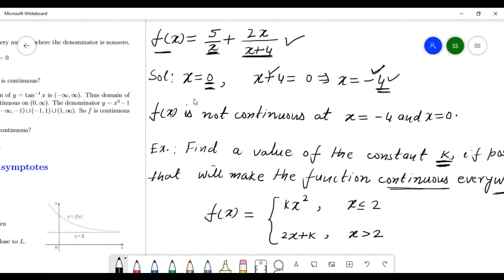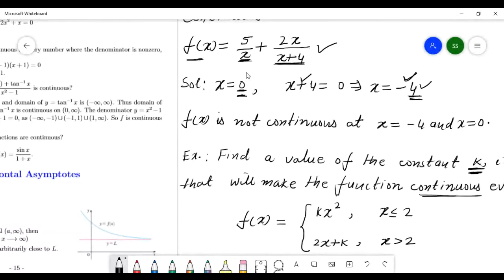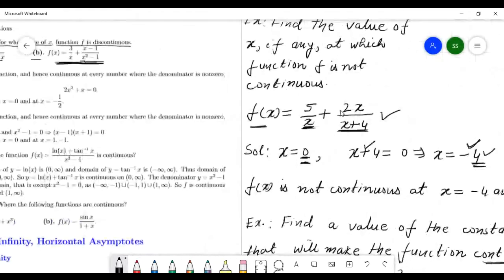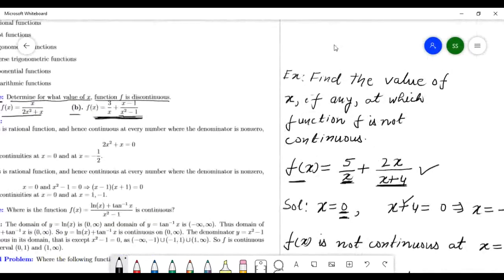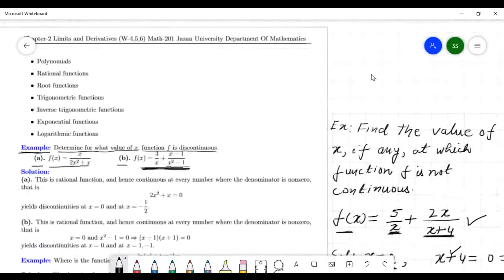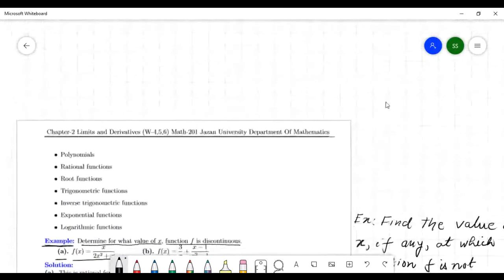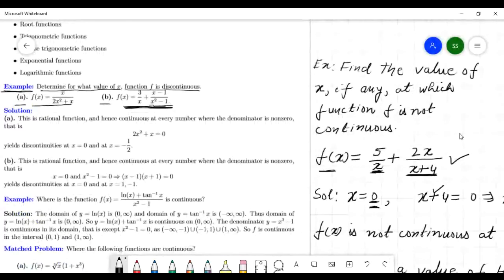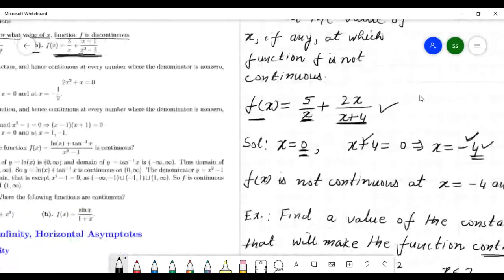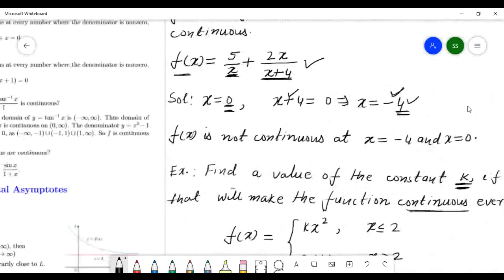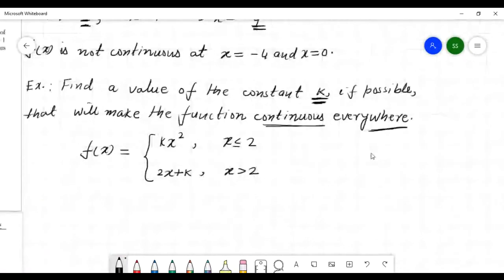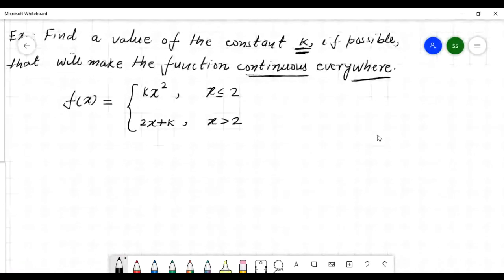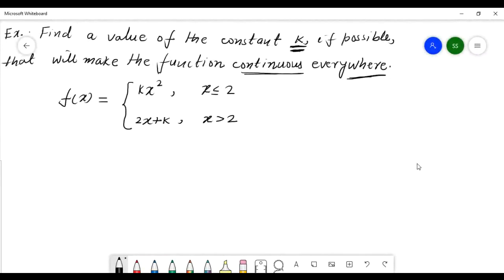Okay. Last lecture I discussed this one, the question. One question I discussed last lecture. Same like this. See the solution.